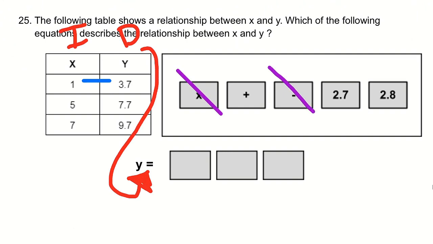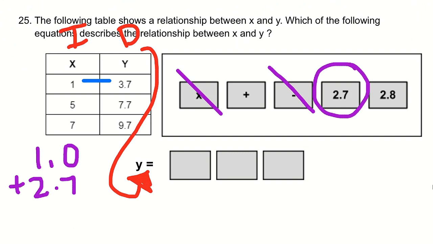So let's try one of these. I'm going to start with this one right here and add 2.7. So my input was 1.0. I'm going to add 2.7 and I get 3.7. It worked.